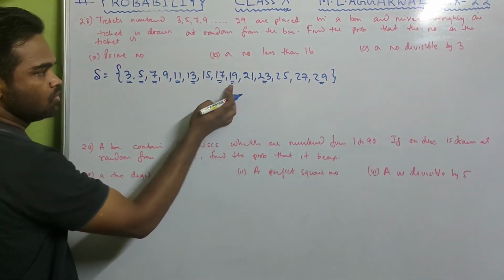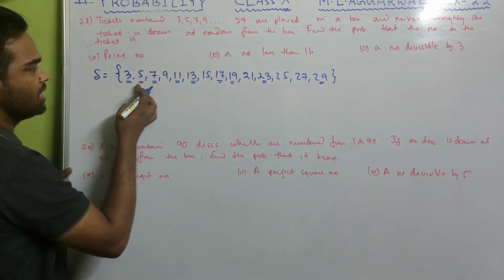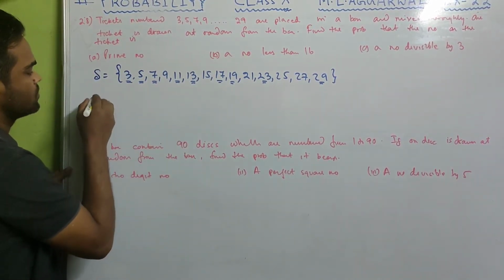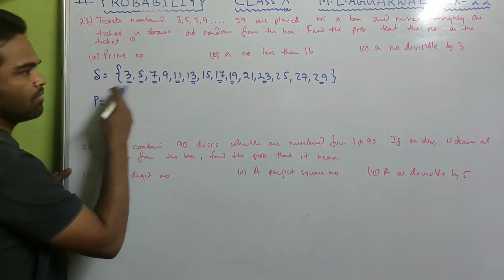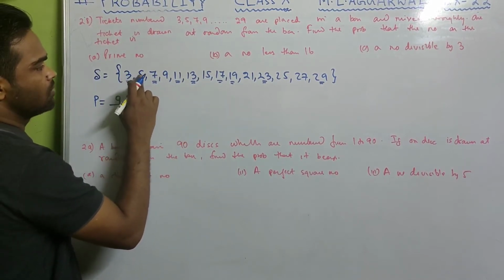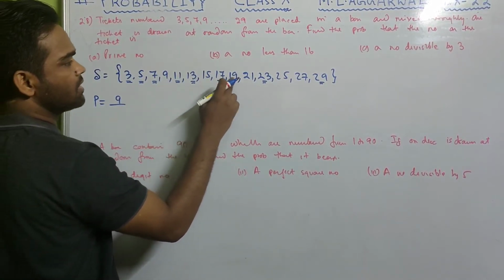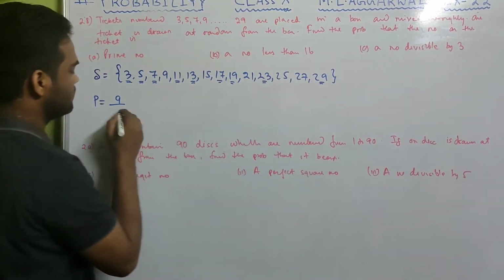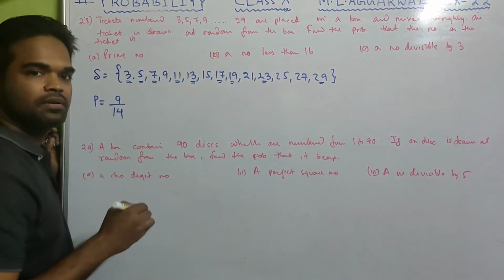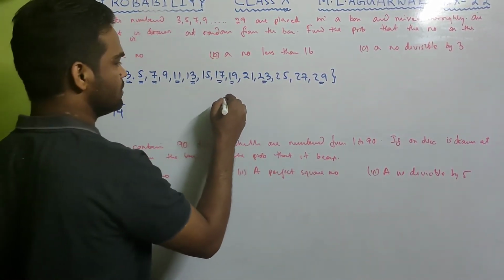That is 9 numbers. So probability will be 9, and the total number of outcomes is 14. So that's your probability.